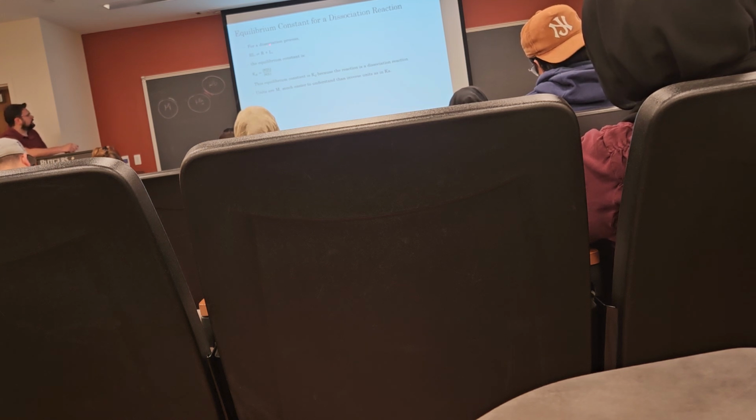And why is that? Well, if we look at the previous reaction, R plus L yields RL, we have another reaction going on here, RL yields R plus L. So the equilibrium constant here is K equals R times L over RL, okay? So what does this get us, right?